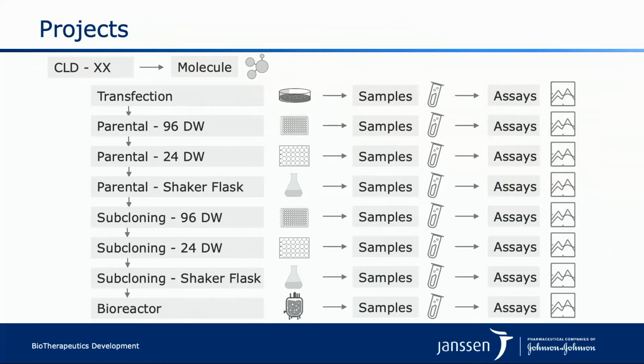We go through multiple steps, in this case I show a parental and subcloning stage, but even if we just remove the subcloning, we still have defined steps, and all the samples associated with those steps as well as assays. Is it possible to create a separate project, so that when we have the assay data, we can directly upload it to that specific step?